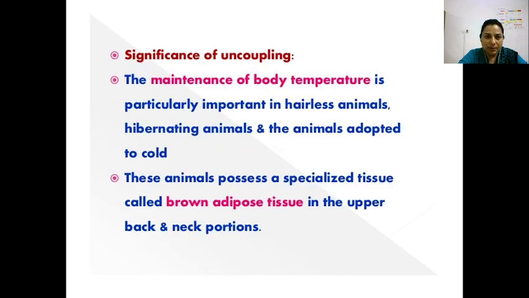Significance of uncoupling. The maintenance of body temperature is particularly important in hairless animals, hibernating animals, and animals adapted to cold environments. These animals possess a specialized tissue known as the brown adipose tissue in the upper back and the neck portion.